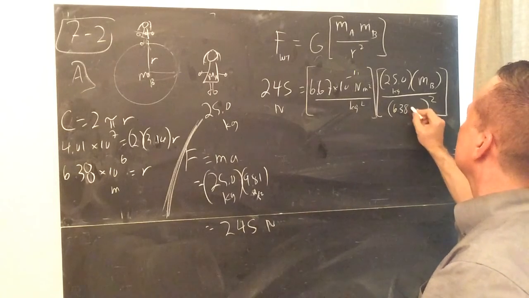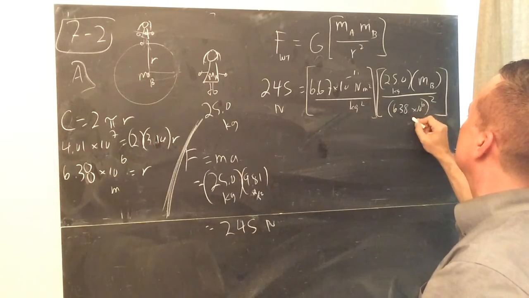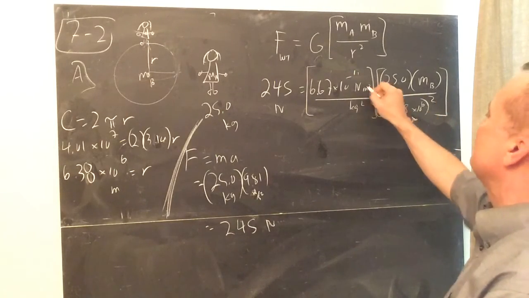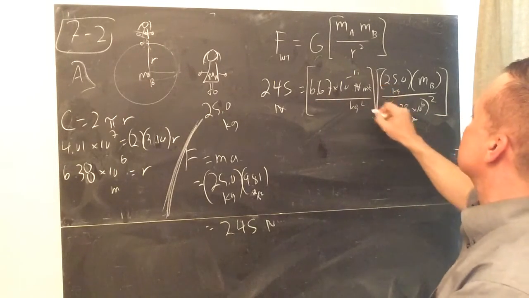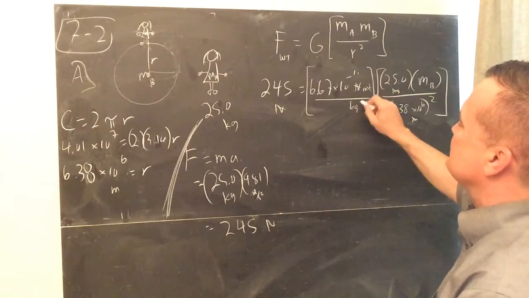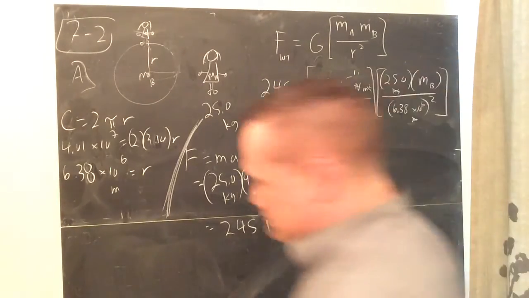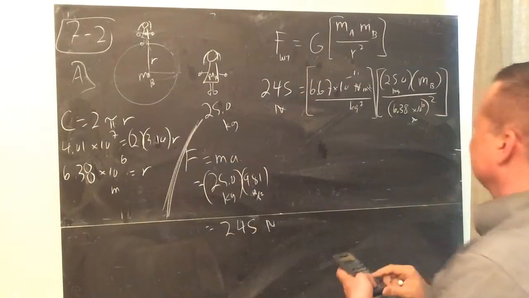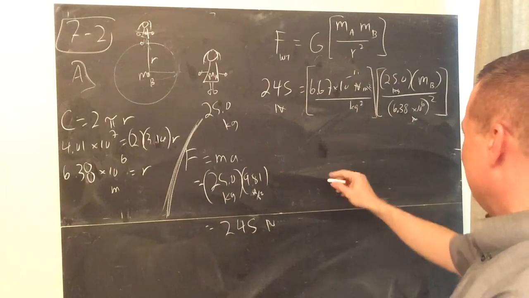6.38 × 10^6 meters. Now, the meters squared will be squared. They'll cancel out there. The newtons over here will cancel here. The kilograms here. Actually, one kilogram will cancel out, but then your answer will be in kilograms. We're trying to solve for the mass of the Earth, B. So here we go, a lot of crazy math.